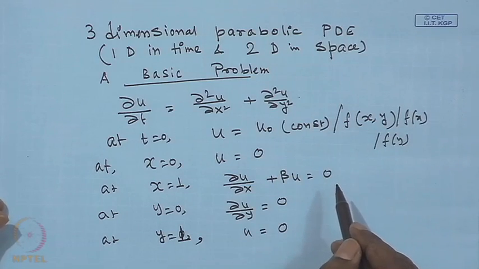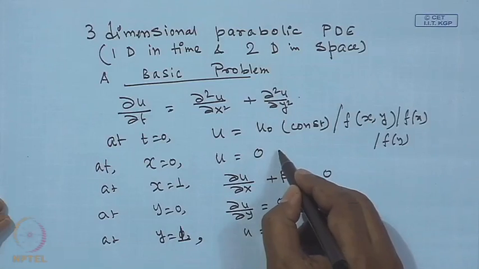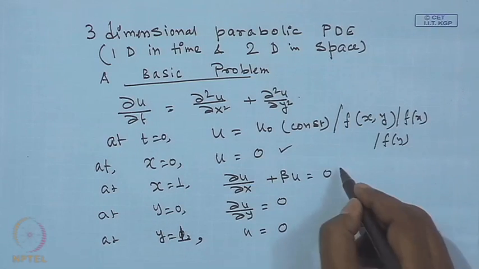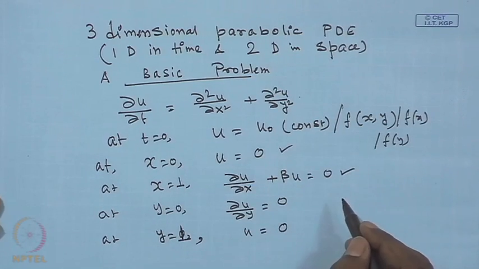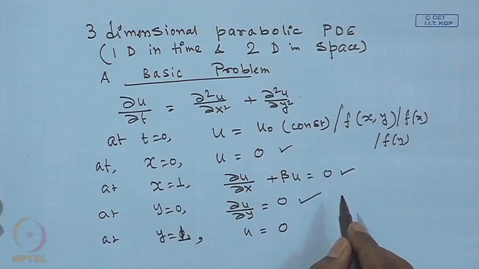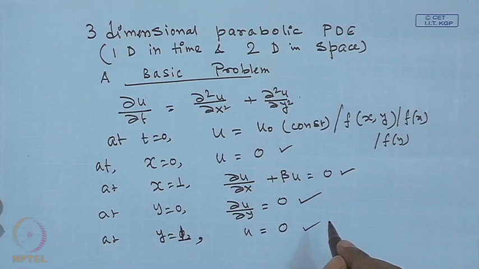The difference is that in the earlier problem all the boundary conditions were Dirichlet, but in this problem we have a Dirichlet boundary condition at x is equal to 0, a mixed boundary condition at x is equal to 1, a Neumann boundary condition at y is equal to 0, and a Dirichlet boundary condition at y is equal to 1.